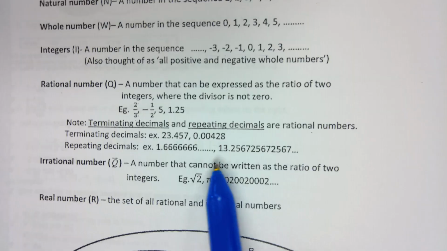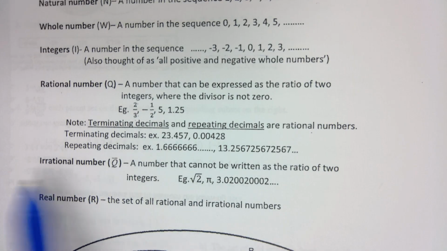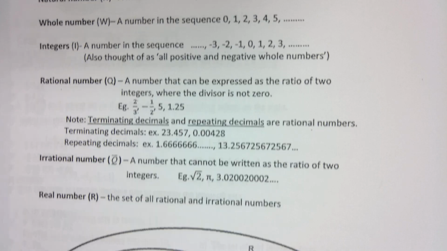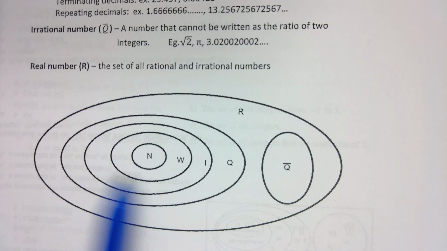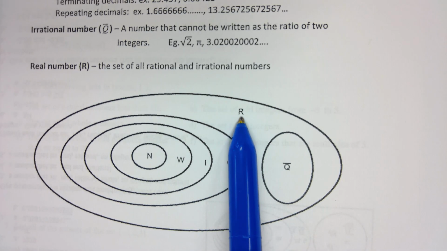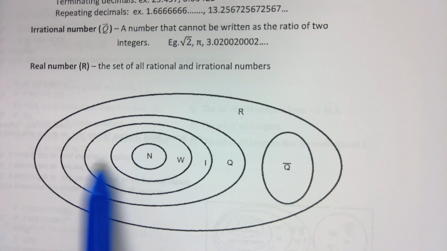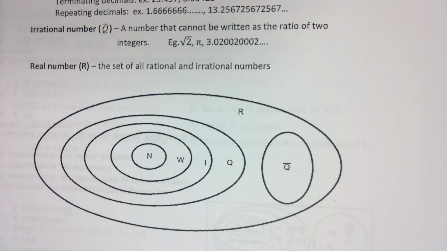As Eric demonstrated, it goes on forever and it doesn't repeat, and so that's why it's an irrational number. And all these belong to the real number set. So all this is within the real numbers. What's the opposite of real?